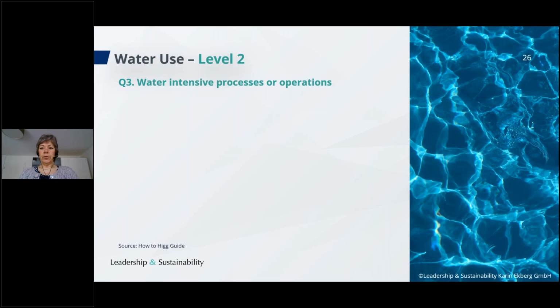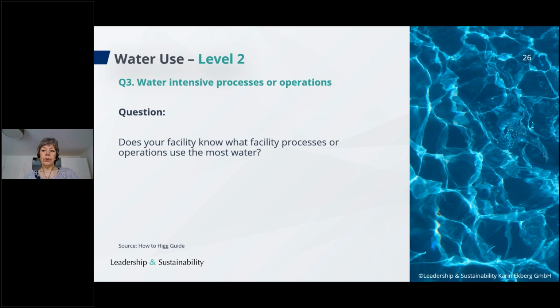The water intensive processes or operations. So this is then the next step. So you need to know what facility processes or operations use the most water. And of course, this is important in order to know where you should begin to set your targets.